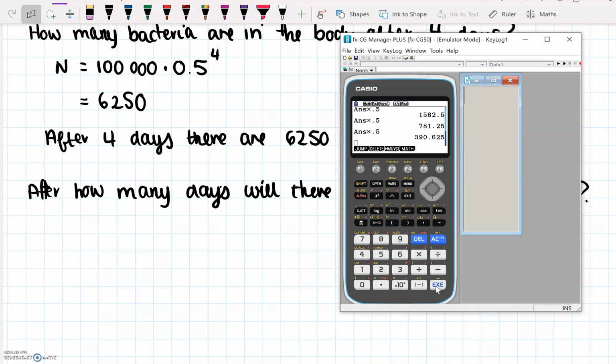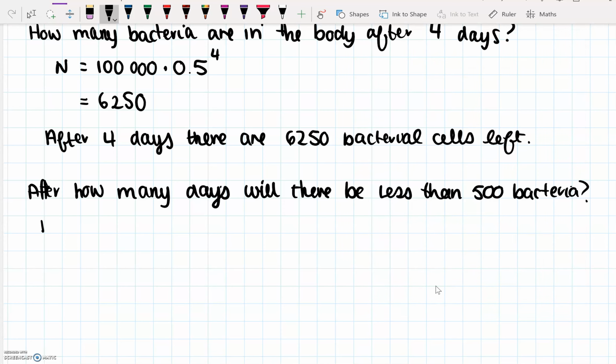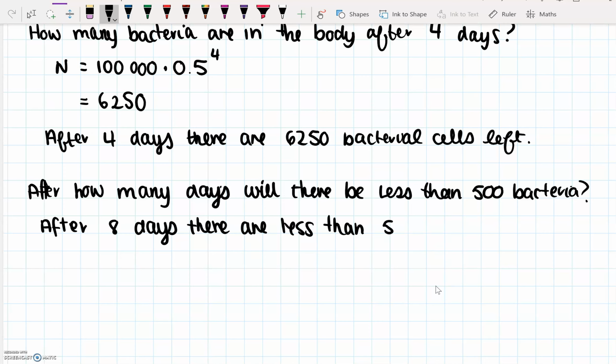So after 8 days, and you can only do this using the calculator at the moment. Next year, when you get your graphics calculator, we'll show you how to do this using it. But for now, this is as best as we can do it. So this means that after 8 days, there are less than 500. I'm not going to bother writing the whole sentence.